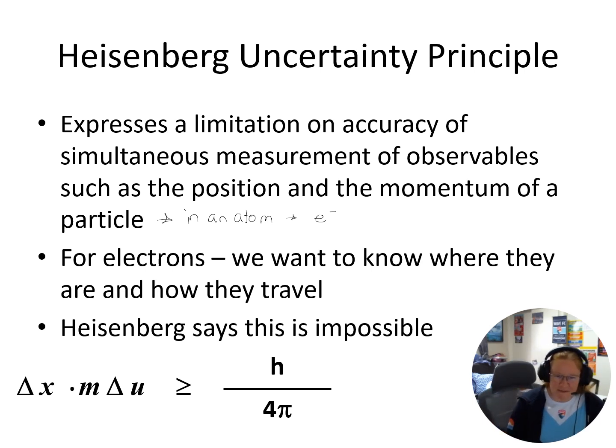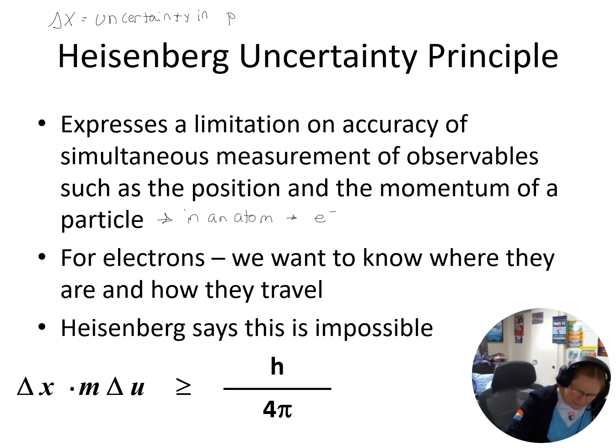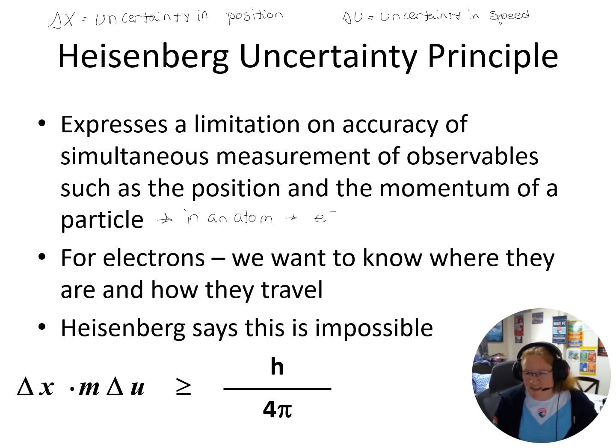The delta x is the uncertainty in the position, and the delta u is the uncertainty in speed. Heisenberg just tells us that we can't know both of these things simultaneously. We can only know one thing or the other.